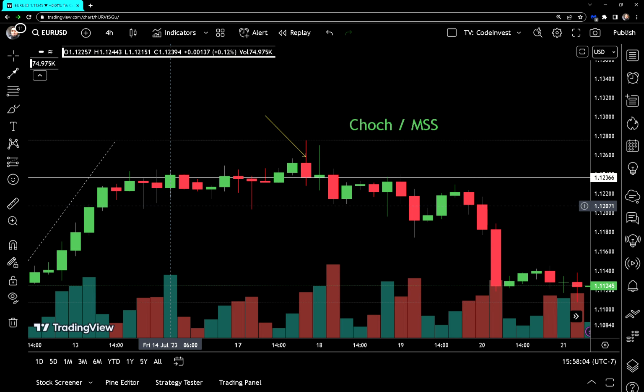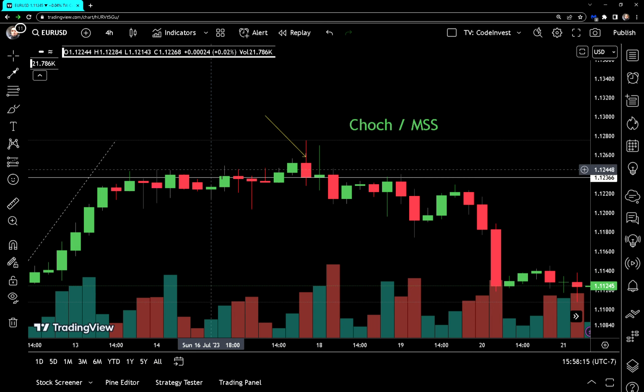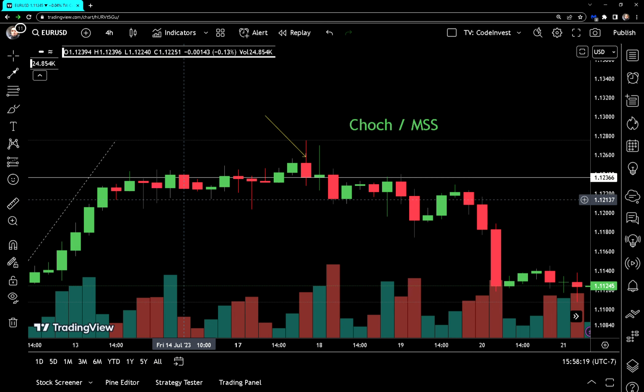I'm looking for a red candle to completely close below these green wicks, not just the body. You could use the body, but I feel it's safer to use the whole candle, including the wick.